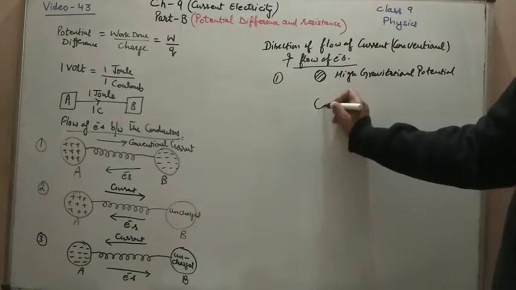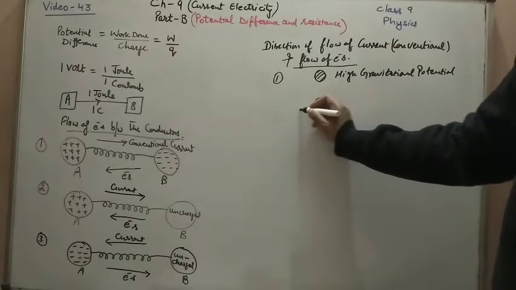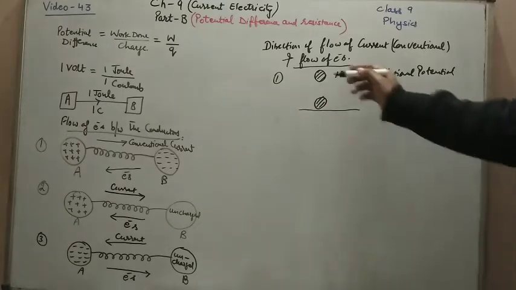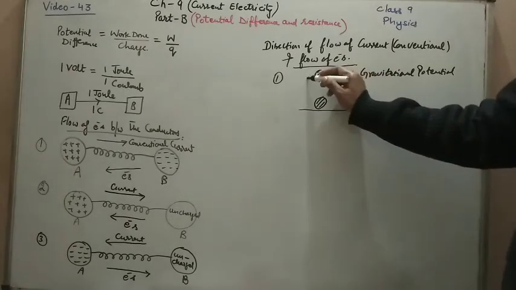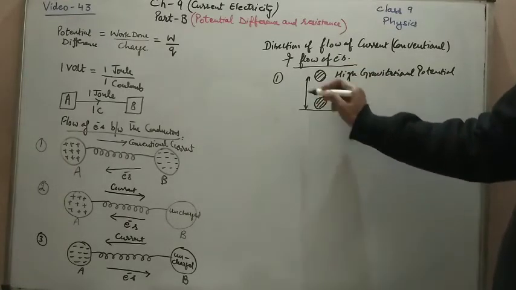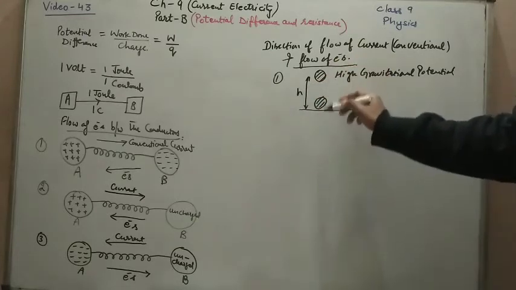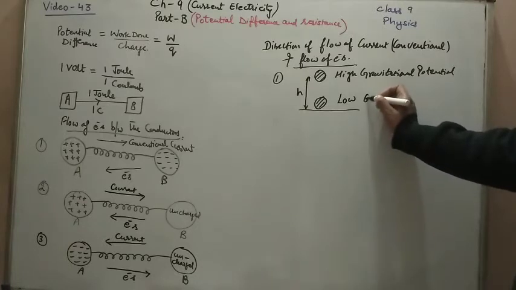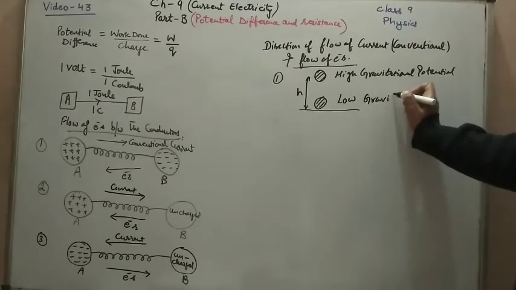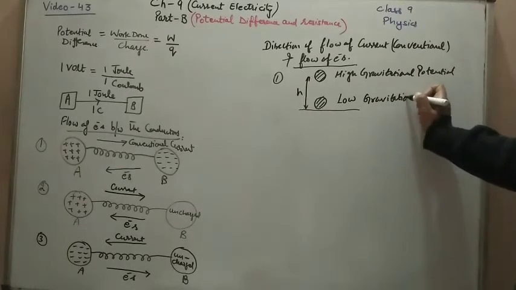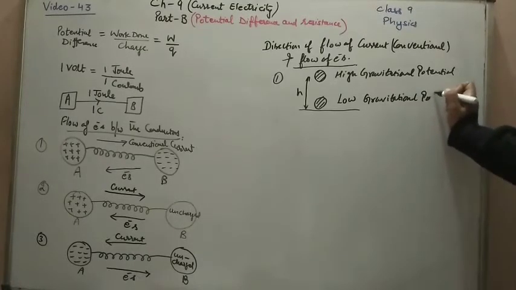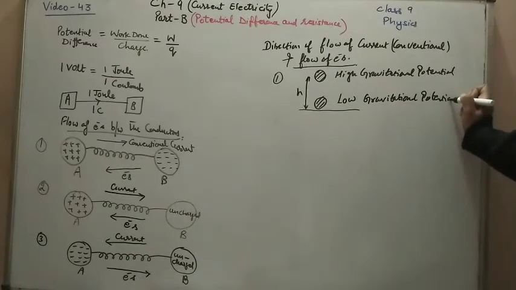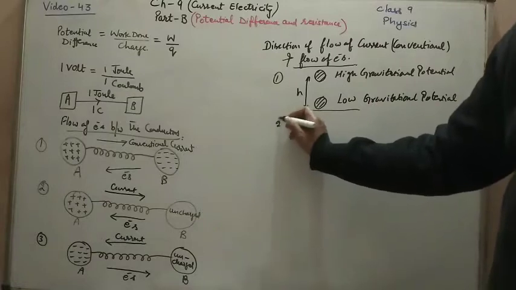Suppose this is the ground. So when this particular ball is allowed to fall from a particular height, it will come down only. So height will also matter.